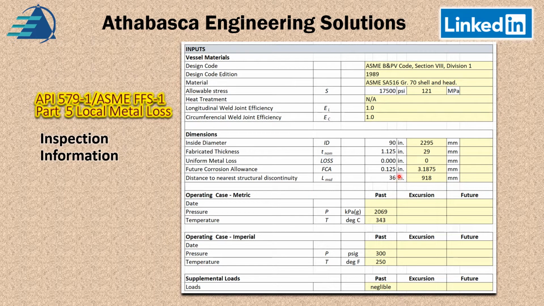We've got the future corrosion allowance that we have to consider when we do the analysis, because we want to determine whether we can go until the next turnaround. Then the distance to the nearest structural discontinuity, and we've got our pressure and temperatures, which we've stated here, one in metric and one in imperial. And we have negligible supplemental loads.